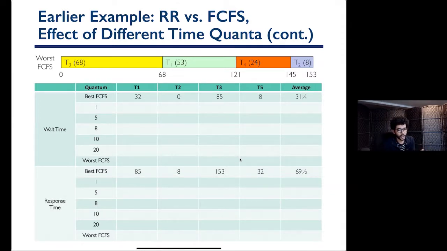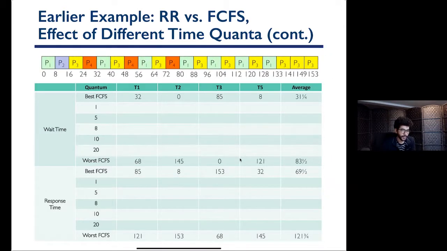In this case, the short tasks have to wait for the long tasks to finish. This gives you the worst case FCFS. So in terms of average wait time, it's going to be almost 3 times more, and in terms of response time it is almost 2 times more in the worst case scenario.